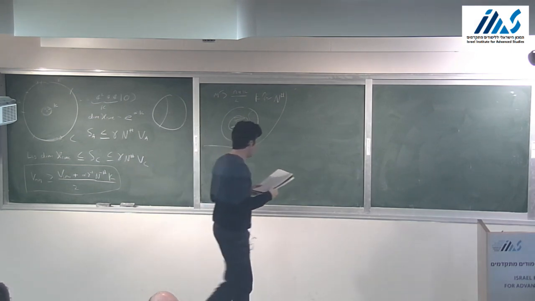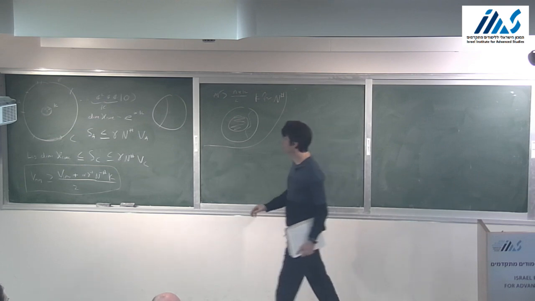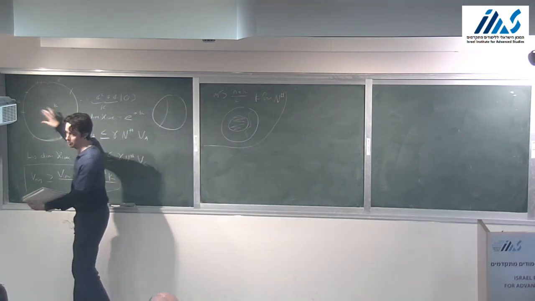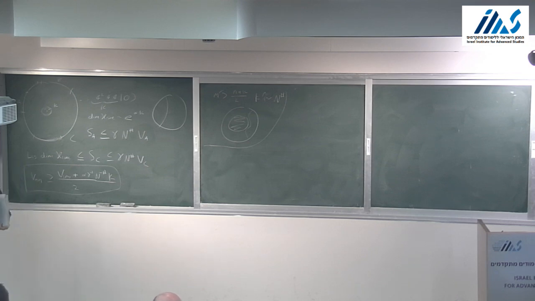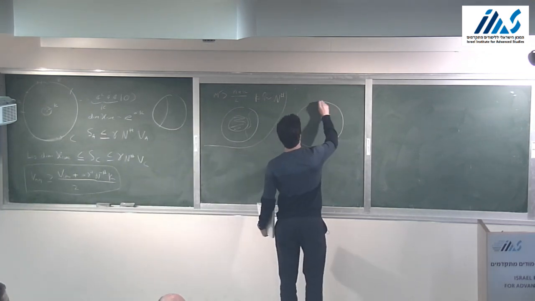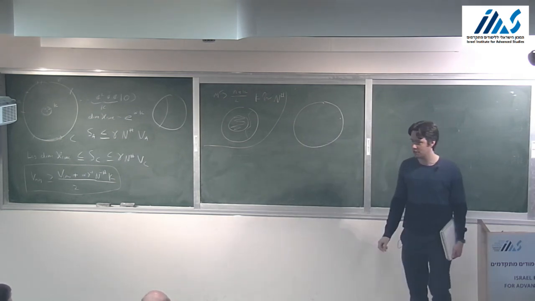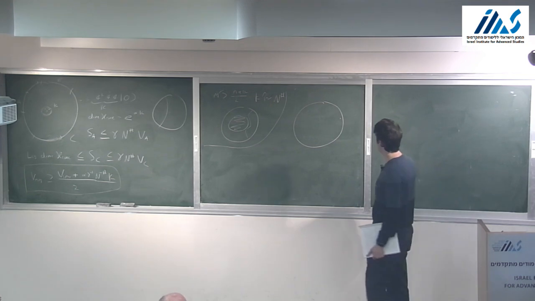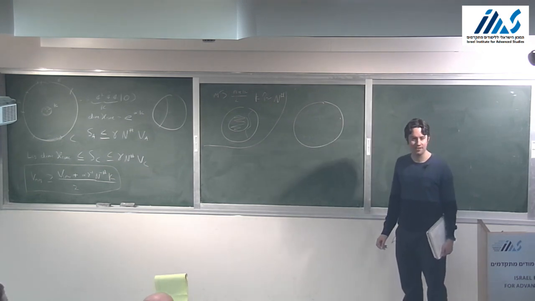Okay, so the second comment is that by conformal symmetry, I can now take this whole story and move it around, right? So, for example, I could now instead have the code subspace be built of excitations over here. And then what you see is that actually now the code is kind of crappy.